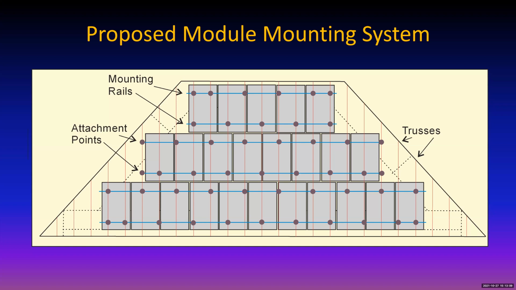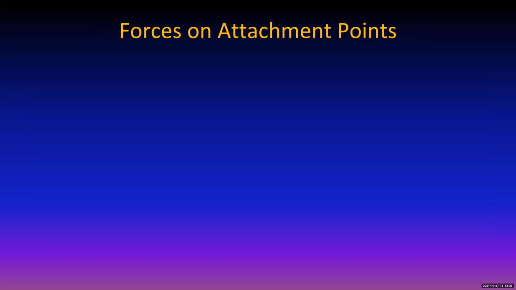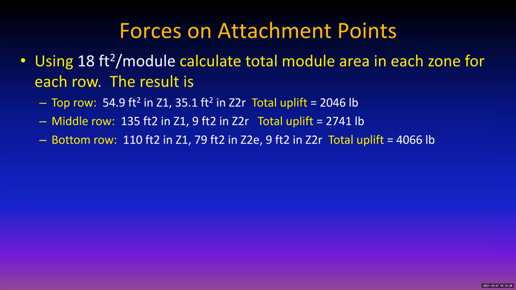And also when you get into high pressure zones, you tend to want to have more mounting points than in the lower pressure zones in the middle. So what we're looking at here, the brown things are the attachment points, and the blue things are the mounting rails.